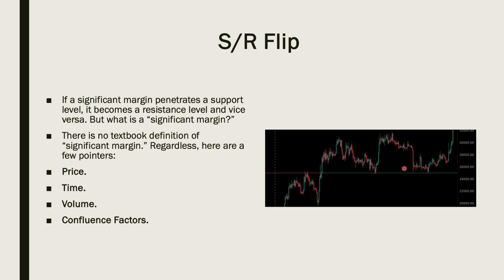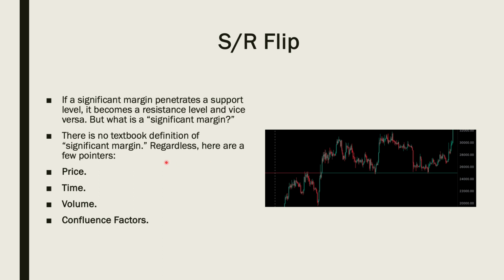Okay, so how does a level flip, for example, from resistance to support or from support to resistance? The rule of thumb is that the penetration above a level or below the level has to be by a significant margin.